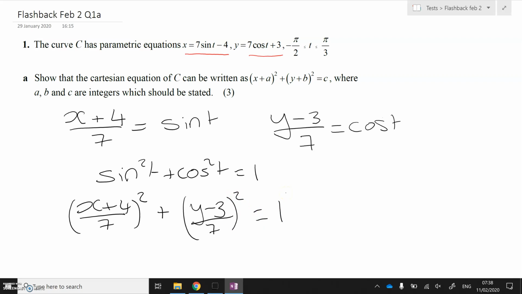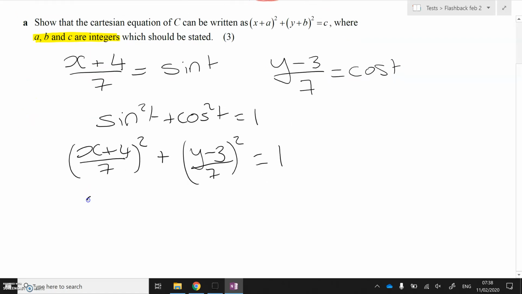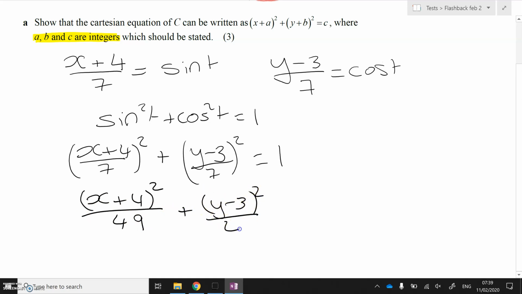Looking at our question, it says where a, b and c are integers. So we need to change this slightly by expanding it. So we can go with (x plus 4) squared over 49 plus (y minus 3) squared over 49 equals 1.